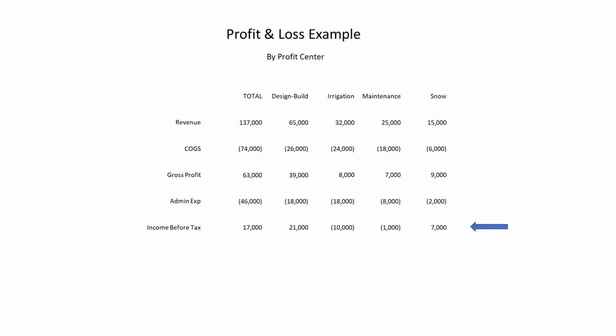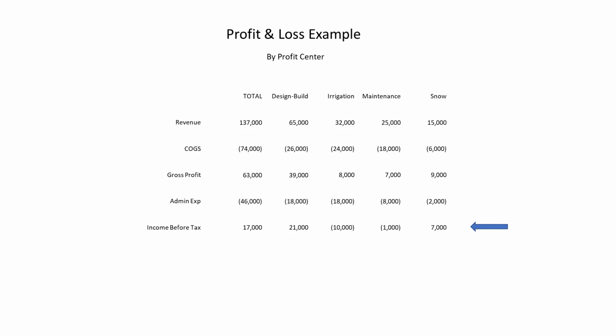Okay, now take a look at this profit and loss example. The first column is the same. This is the same $17,000 that you had earned before. But this time I broke the data into design build, irrigation, maintenance, and snow services.